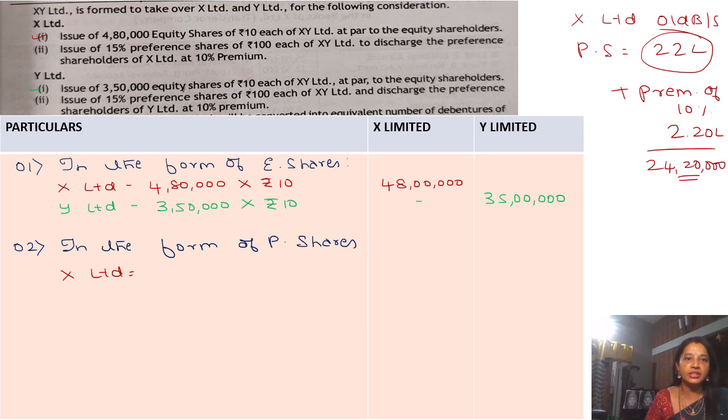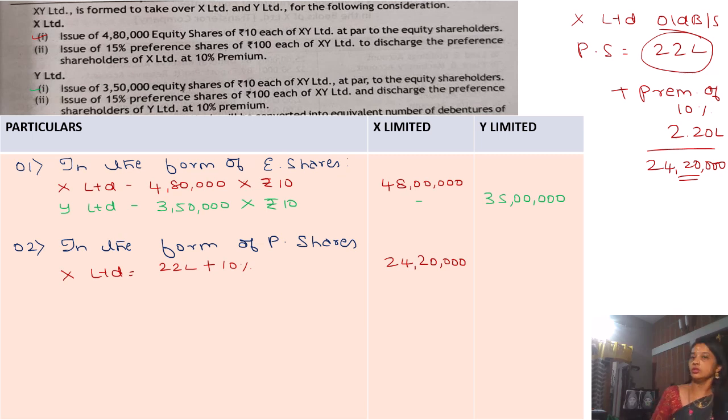So for X Limited in the form of preference shares, the preference share capital will be 15% preference shares of rupees 100 each to discharge preference shareholders of X Limited, which are 22 lakhs at a premium of 10%. So 22 lakhs plus 10% premium you add, you get 24 lakhs 20,000. This is for X Limited.